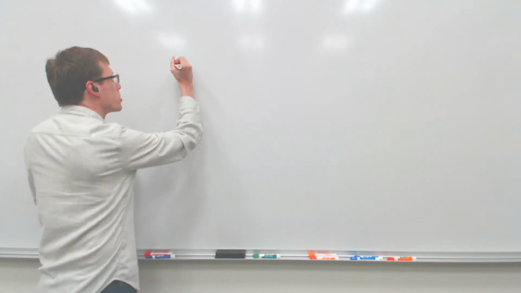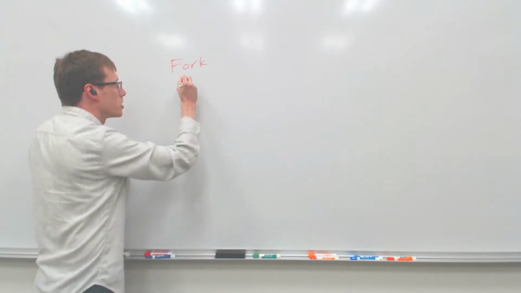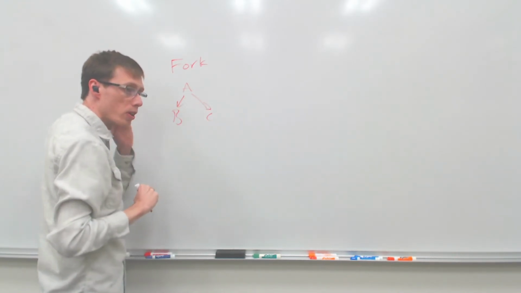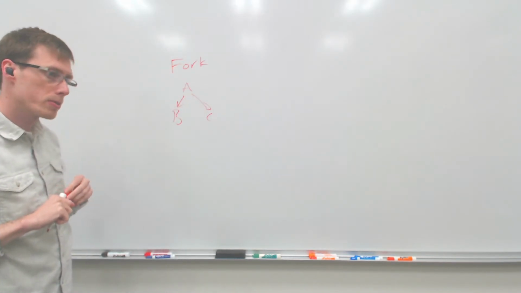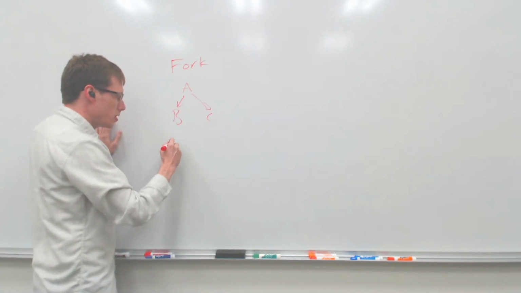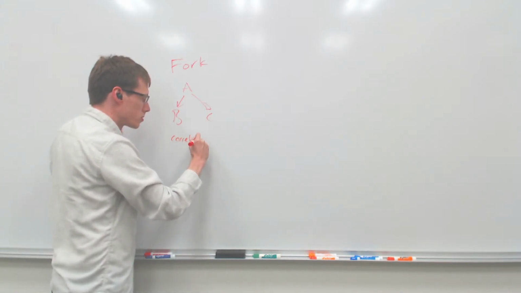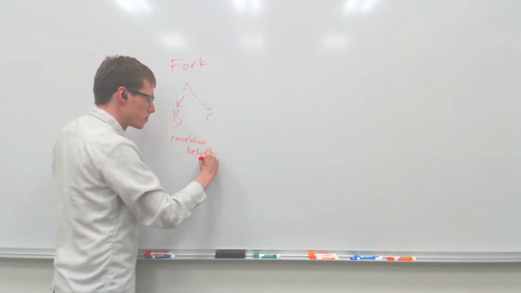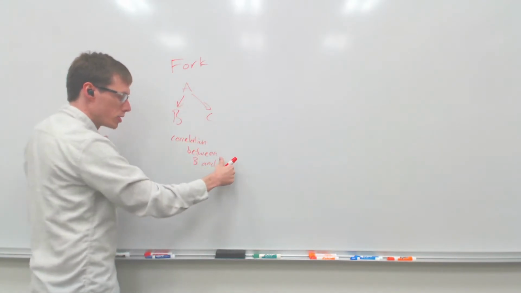The first is the fork, which I introduced first. And that one looks like A, B, C. It's a fork because from A there are 2 things that fork off. What happens with this one is that you will see a correlation between B and C if you just do a basic regression on it.